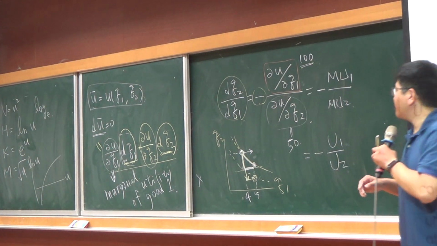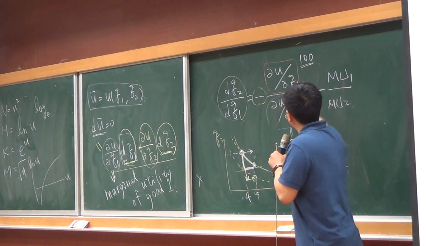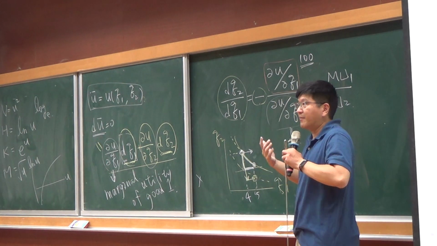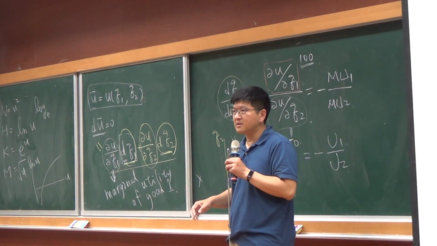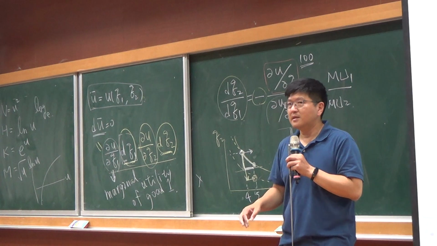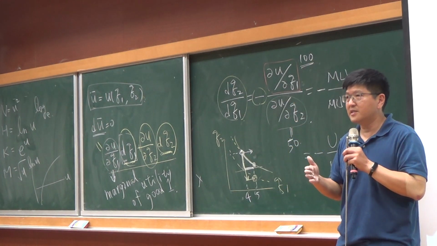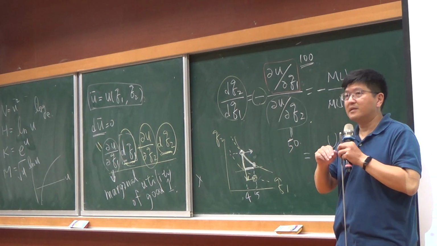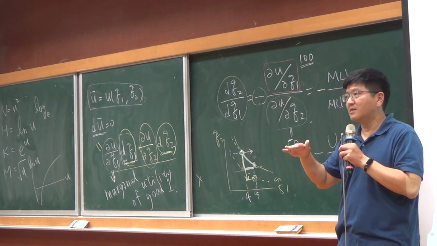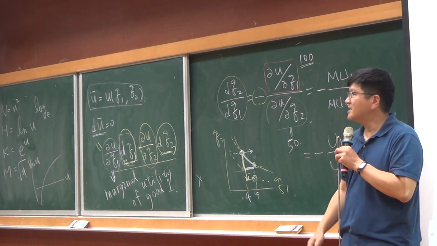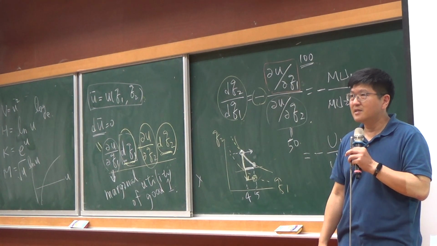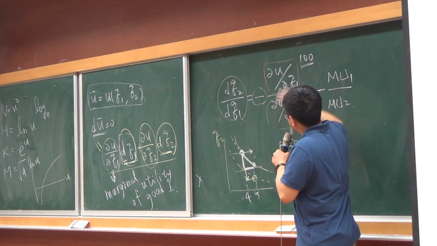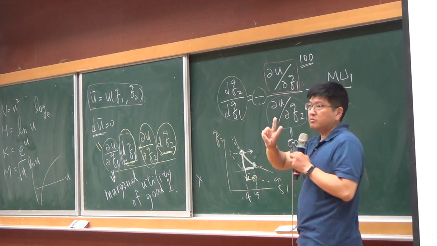So if I have one more slice of pizza, I get an extra 100 points of happiness. And I have to cut by 2 burritos. So that's plus 100 and minus 100. My level of happiness remains the same, right? Is that clear? So if this is 100, this is 50, the ratio will be 2.